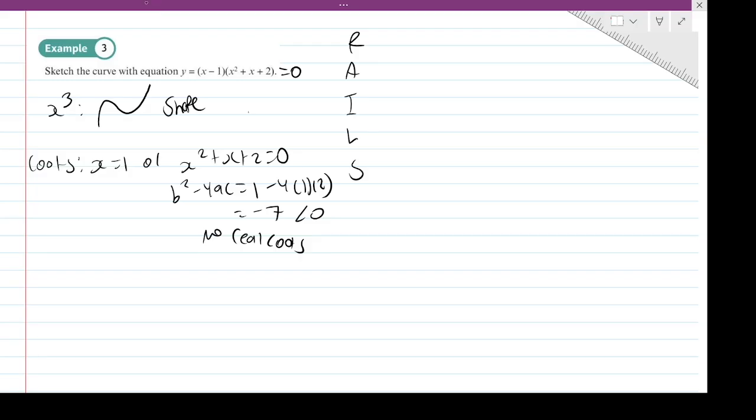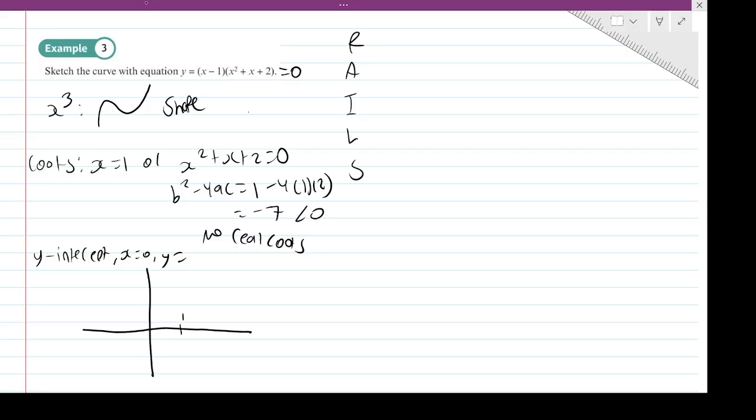So then you might be thinking, well, obviously we know x is 1 and it's a single root, so at 1 it would just pass through. And also the y-intercept when x is 0, then y, if I plug in x is 0 into here, I get y to be minus 1.